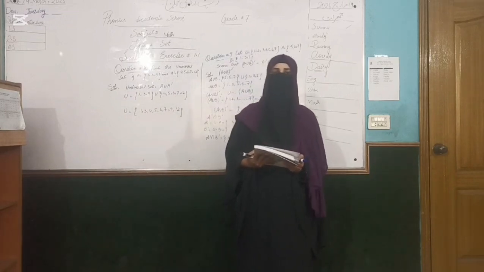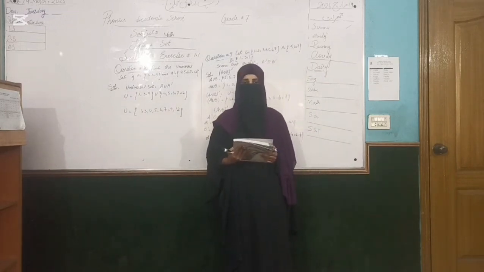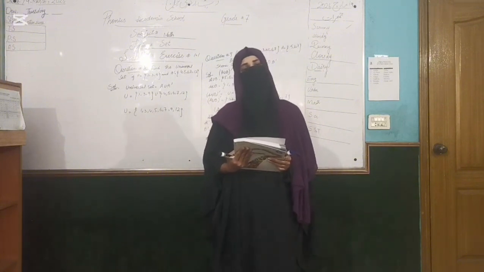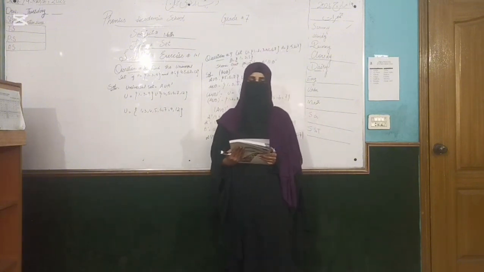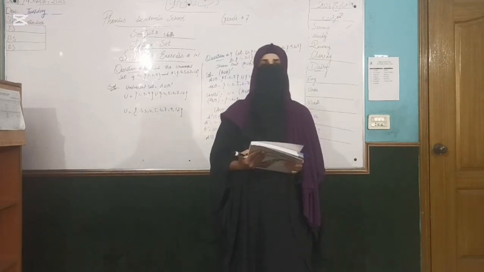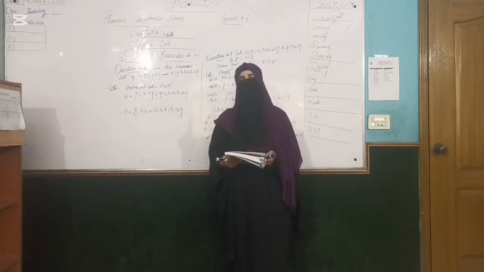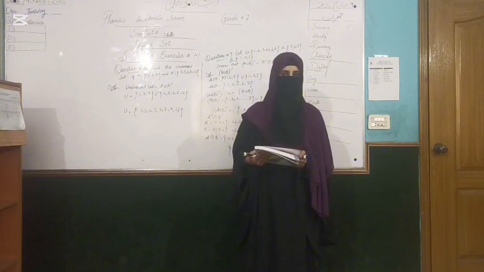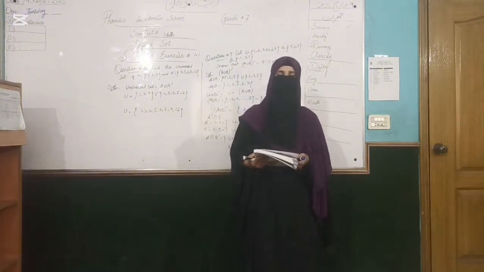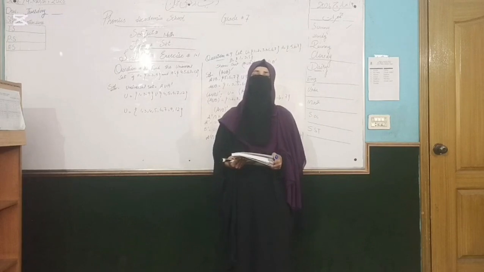Remember that when you have to find the universal set U, you have to take the union of that set and the universal of that set. For example, B union B universal, C union C universal. That depends on the given set names. When you find the universal set, it means you take the union of both sets.